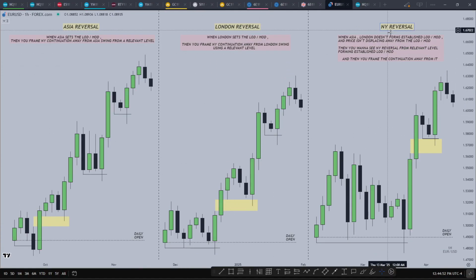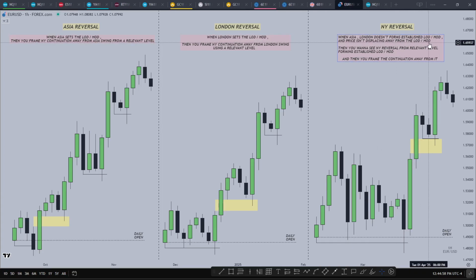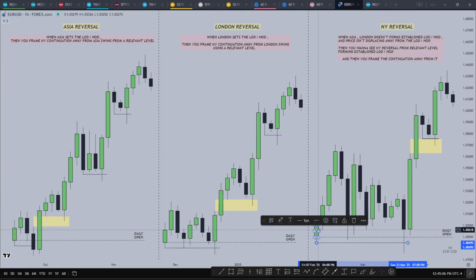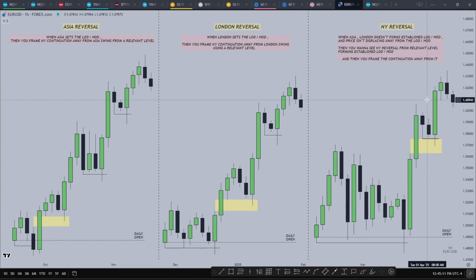Now, New York reversal: when Asia, London do not form an established low or high of the day, price isn't displacing away from the low of the day, high of the day. Then you want to see a New York reversal from a relevant level, forming an established low of the day, high of the day. Asia, London not displacing away from the current low of the day, bullish day.